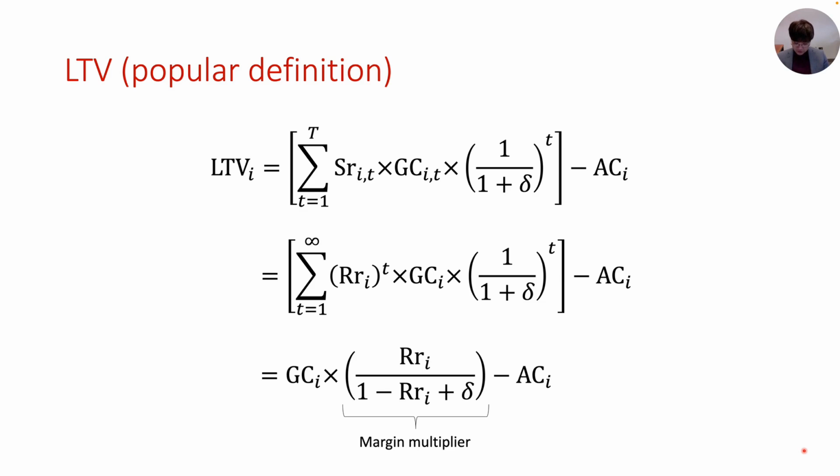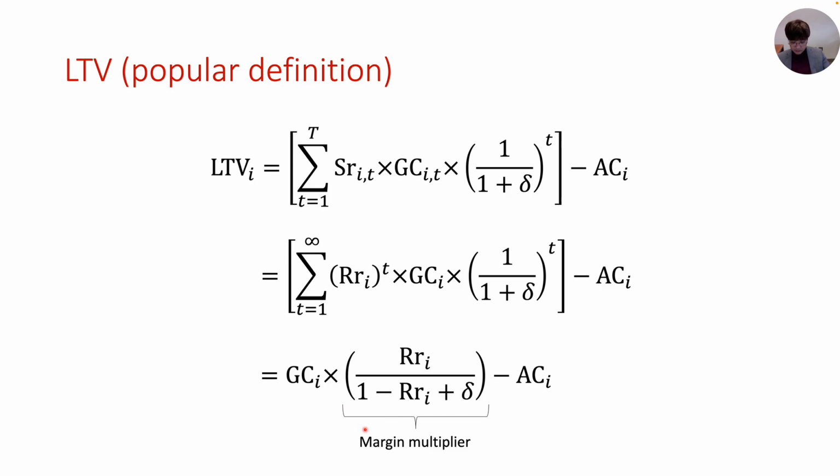With the assumptions, the LTV formula becomes a simple form without any summation. It is given by multiplying the predicted contribution at each time period by a multiplier and subtracting acquisition cost.